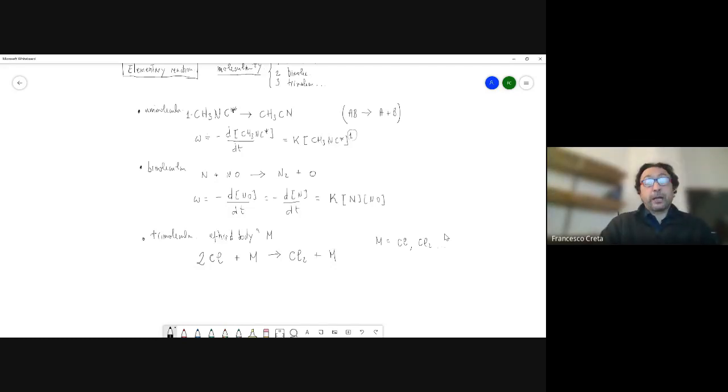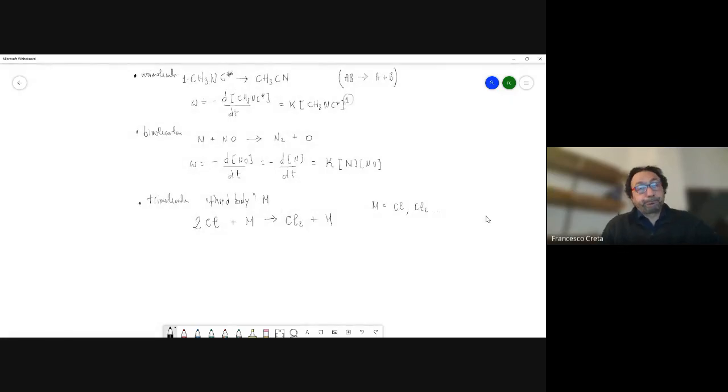Now, if you write down the reaction rate, by definition here, it will be something like 1 over minus a half, so 0 minus 2 is the stoichiometric coefficient of chlorine atom, times the rate of change of molar concentration of Cl. Experimentally, you can write down now what the rate expression is.